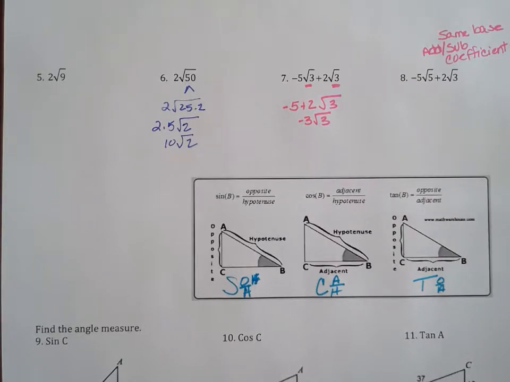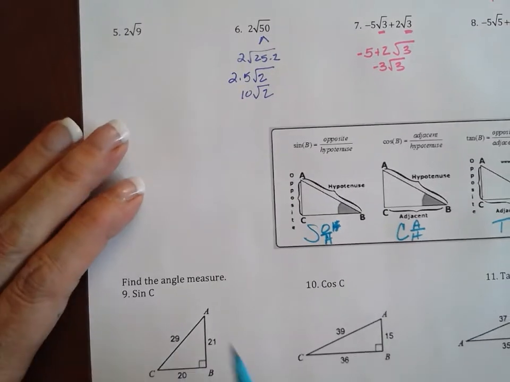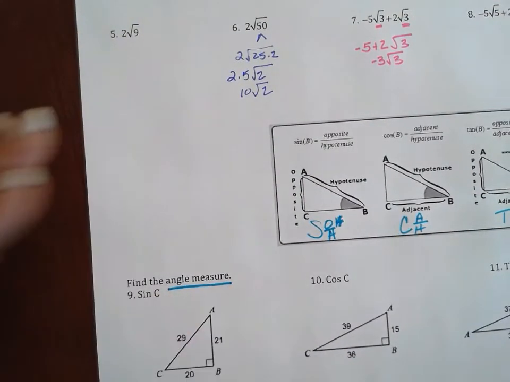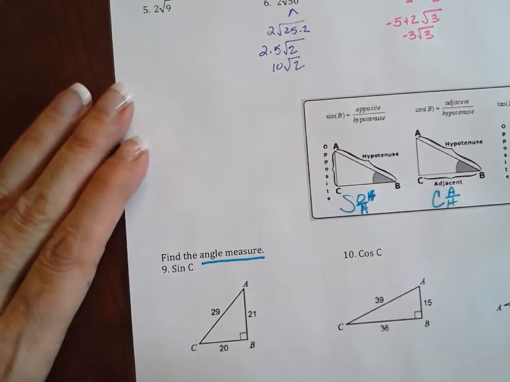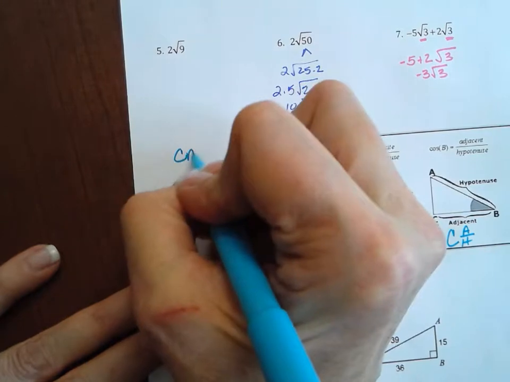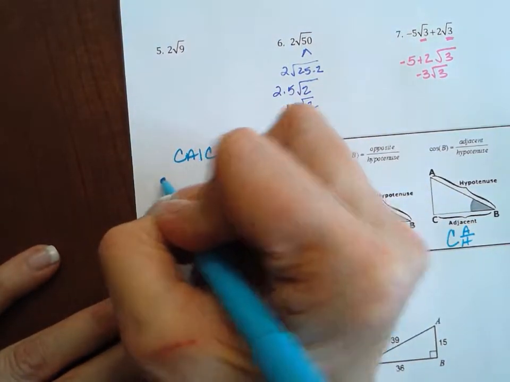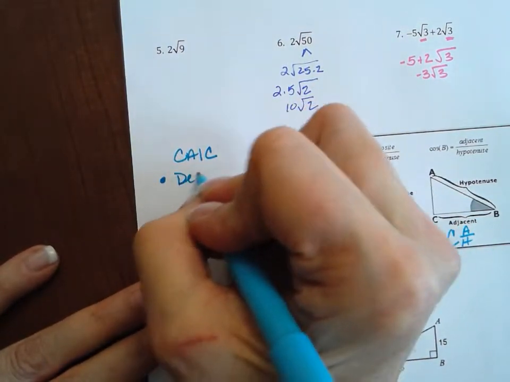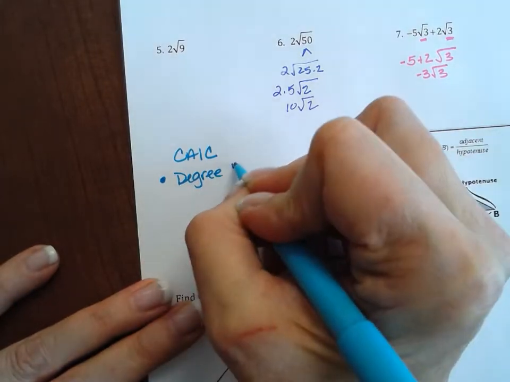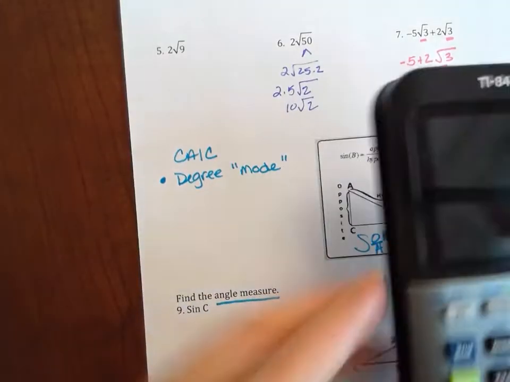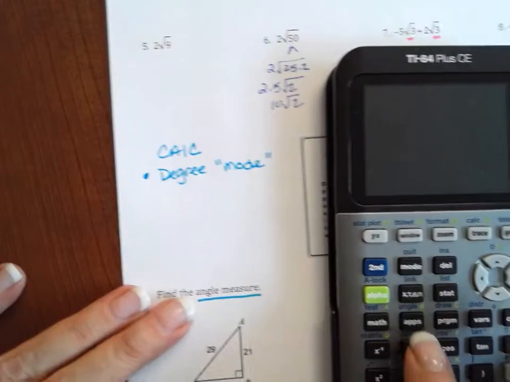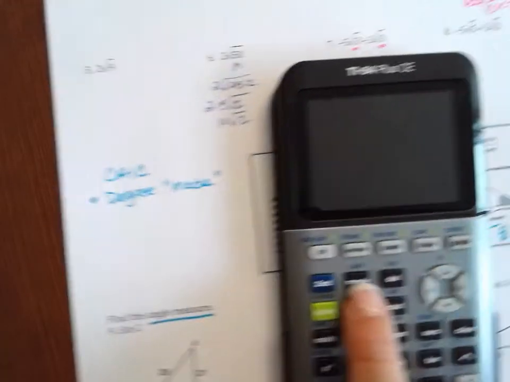Okay, so if you're finding the angle measure, in your calculator you had to do something different. First thing you have to know is it has to be in degree mode. So you go to your calculator and click mode.